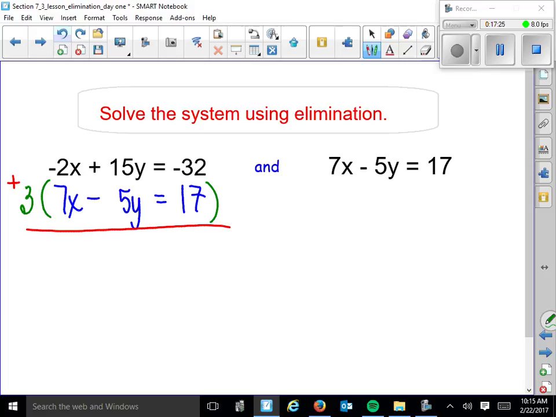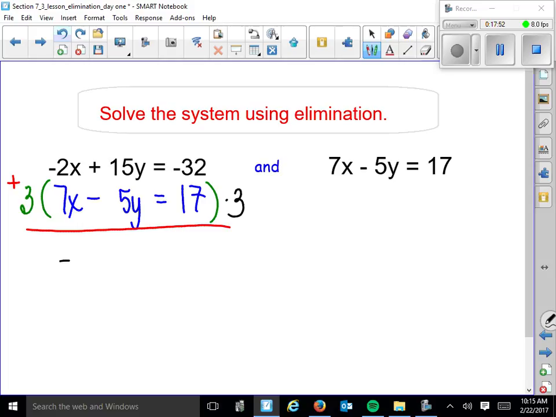So I'm going to take this second equation and multiply each and every term by 3. I'm using the multiplication property of equality, which allows me to multiply both sides of the equation by 3. I started with a balanced equation, and it's going to remain a balanced equation.